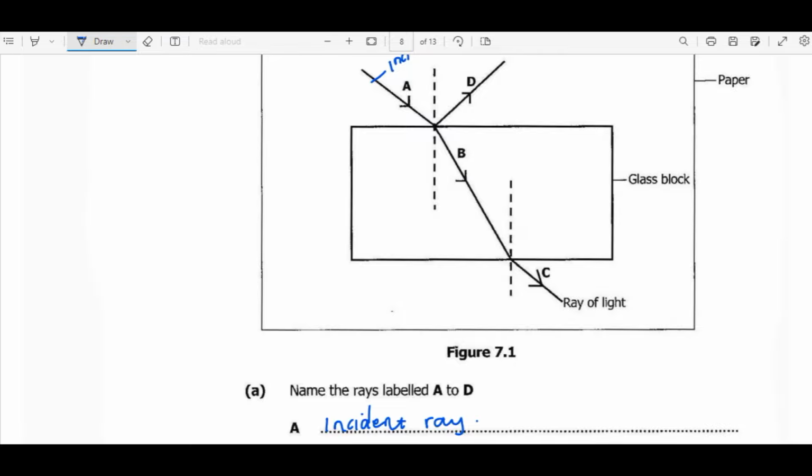Then B is the one bending after striking the glass block. So this is our refracted ray.